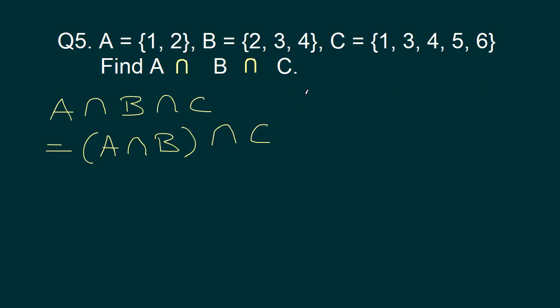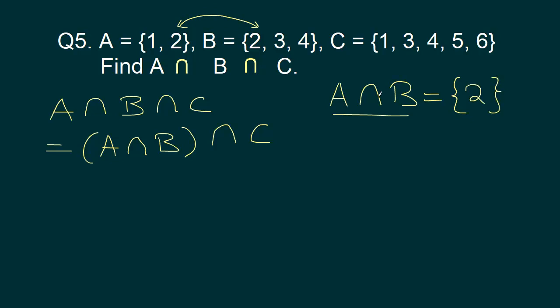So let's find out A intersection B. When we are finding A intersection B, we are looking to identify elements which are common to A and B. So we start with the first element of A, which is 1. We see that 1 is not present, so we cannot write 1 here. Then we move to the second element, 2. We notice that 2 is present in both the sets A and B. So we write 2. So A intersection B is a set that contains element 2.